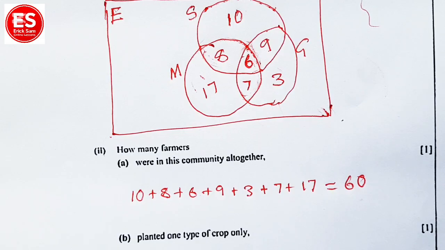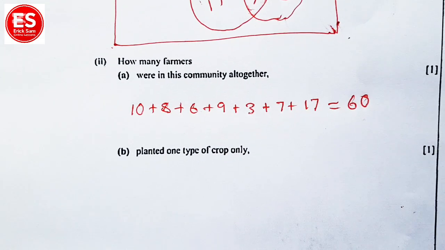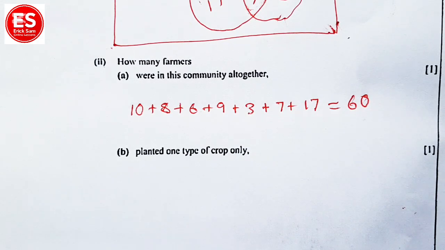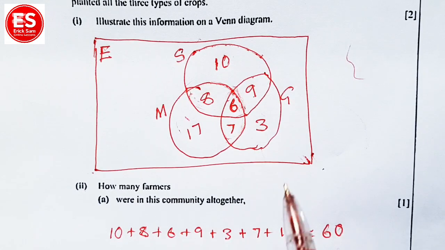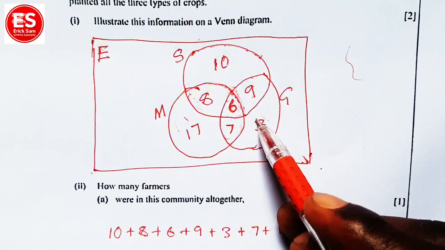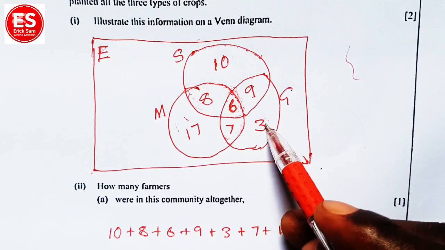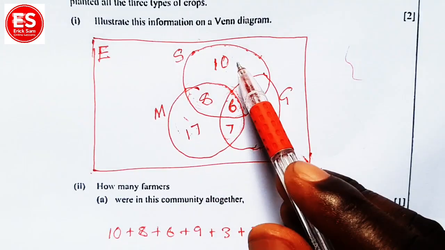All right, now the next question they're asking: how many farmers planted one type of crop only? So if they ask you one type of crop only, you go where there is this only number here, the numbers which are on the outer side, they are the ones that you're going to add.